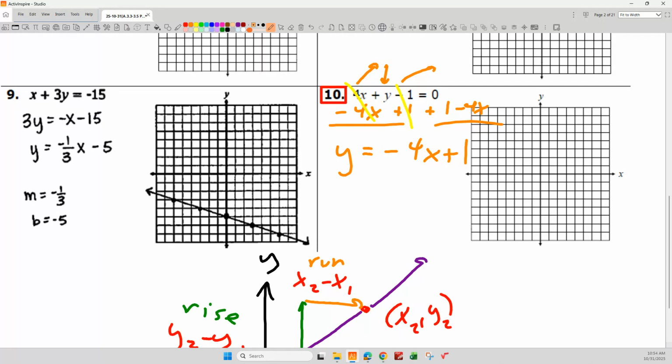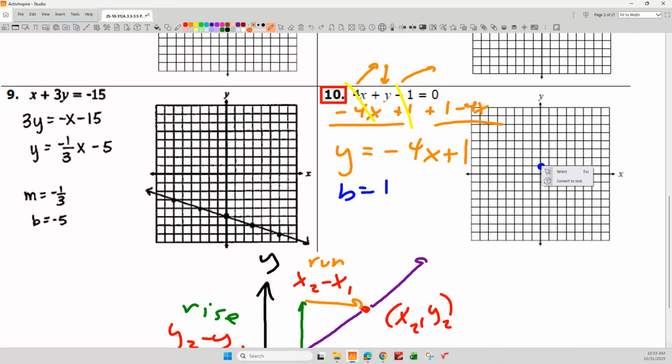Because it's in the form y equals mx plus b. So b is the constant on the right side. If b is equal to 1, that means on the y-axis, the y-intercept is 1. I go up 1. Ringing a bell? How am I going to get a second point?